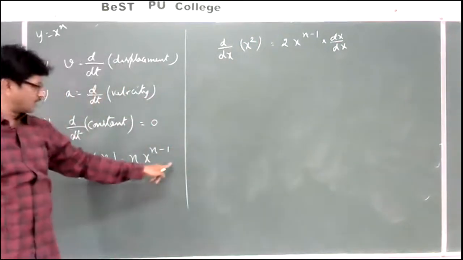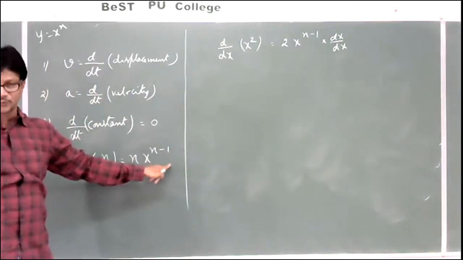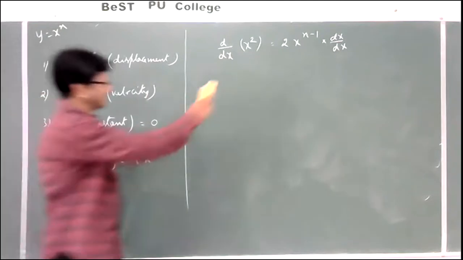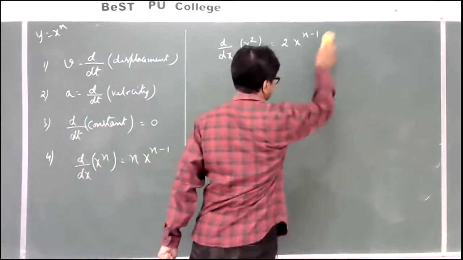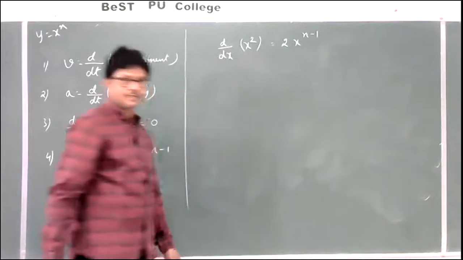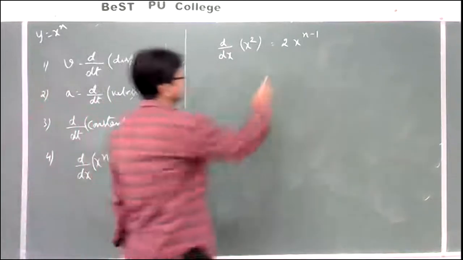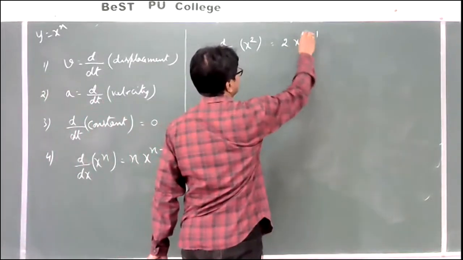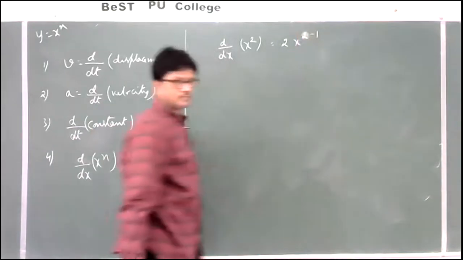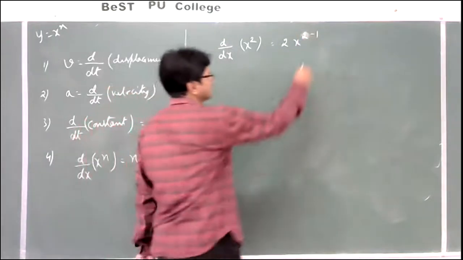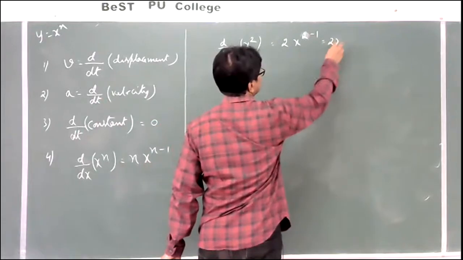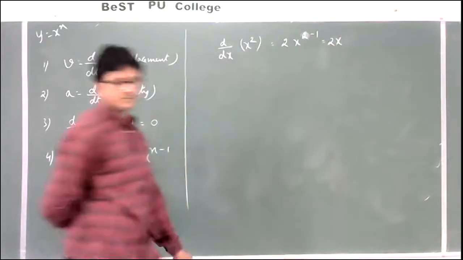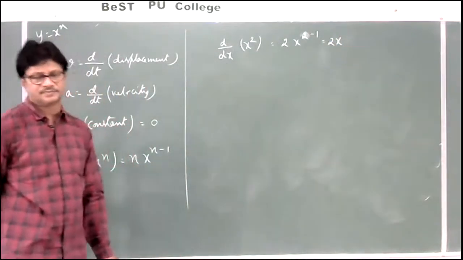That's why we are not writing the dx term here. We will see later where we use it. Now n here is 2, so the answer is 2x.